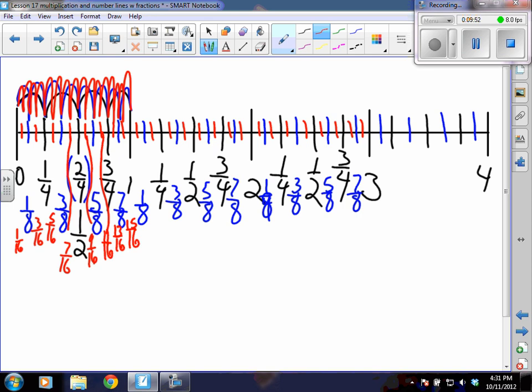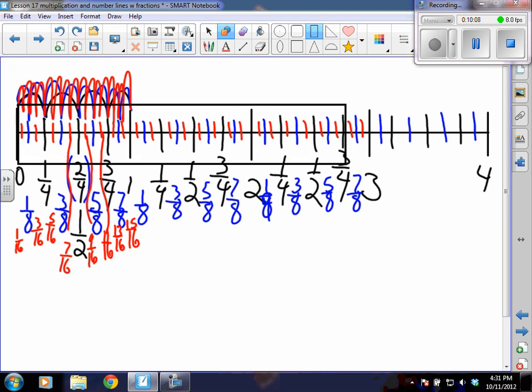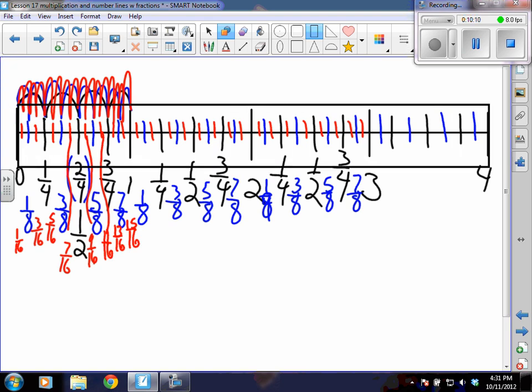Something should pop out at you and you should say, hey, wait a minute, this number line looks pretty familiar. And if we were to take a very simple shape like this and cross it over like this. Maybe now it's popping out at you.